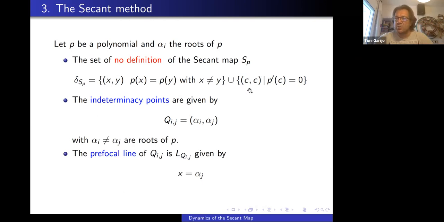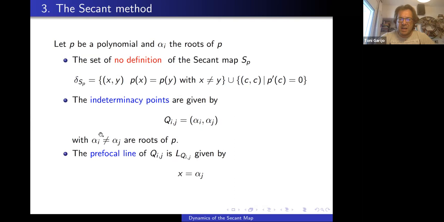And also when the derivative is 0, but those points are on the diagonal. We call these critical points, which will play an important role. Also, it's very easy from the definition to obtain the indeterminacy points of the secant map.